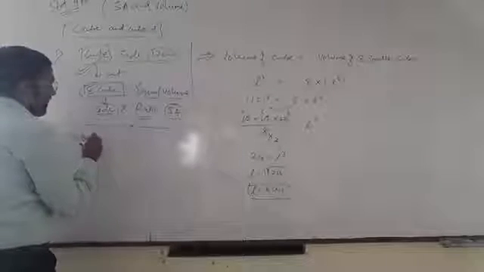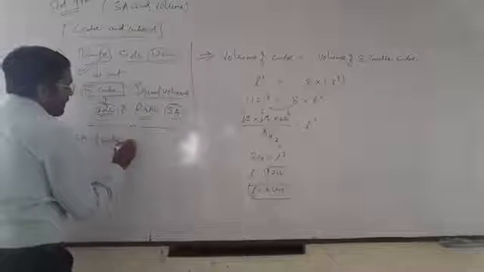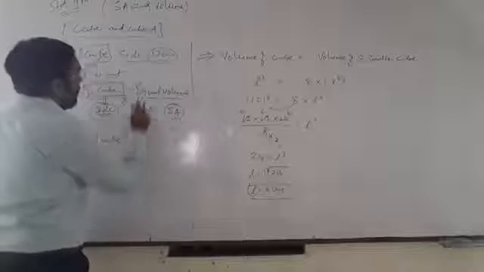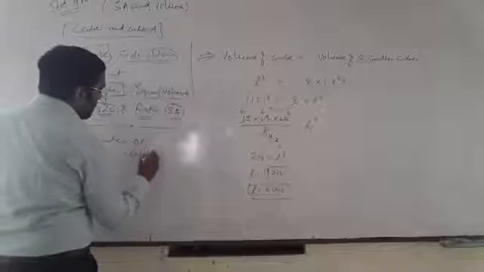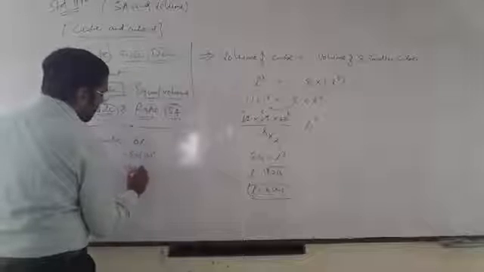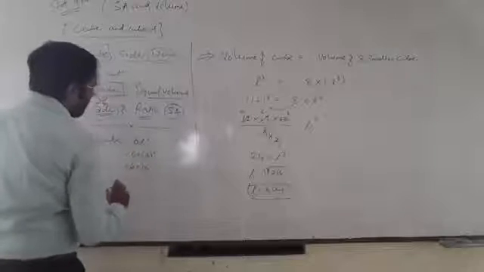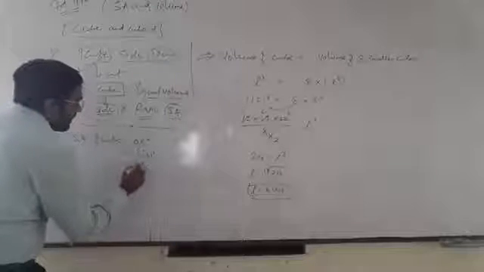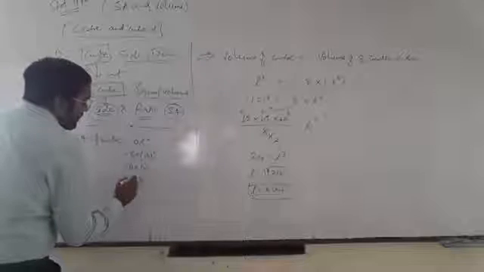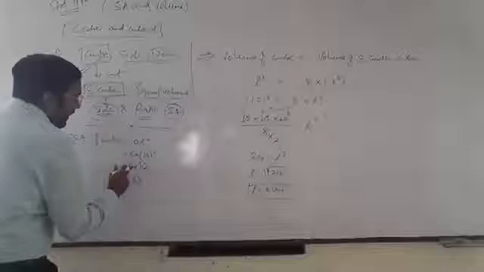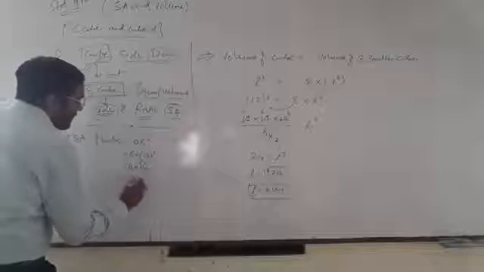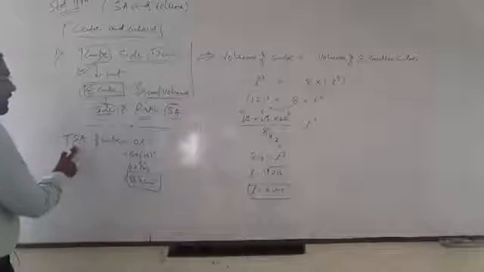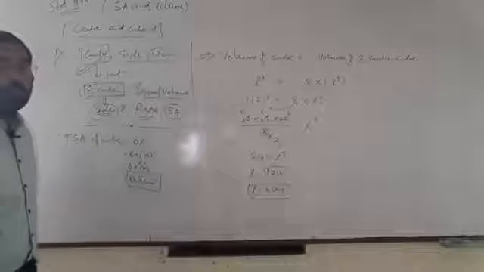Total surface area of a cube is equal to 6L square, which is 6 into 12 square, that is 6 into 144, which is 864 centimeter square. This is the surface area of the bigger, original cube.